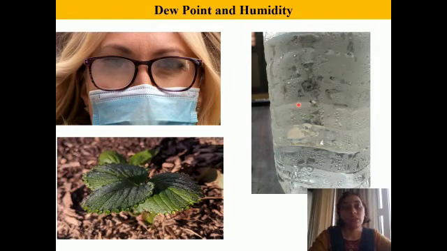Now, the reason behind it. There is air that is surrounding this bottle, and this air is already holding a certain amount of water vapor. But now that you have kept this bottle, because it was containing cold water, the air that is going to come in contact with this bottle is also going to cool down.